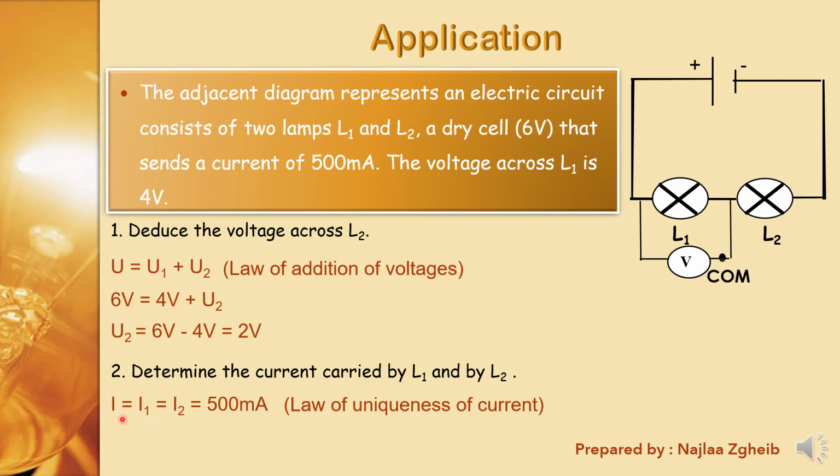I is the current sent by the dry cell, I1 the current carried by L1, and I2 the current carried by L2. All are equal to 500 milliampere. This is the law of uniqueness of current.